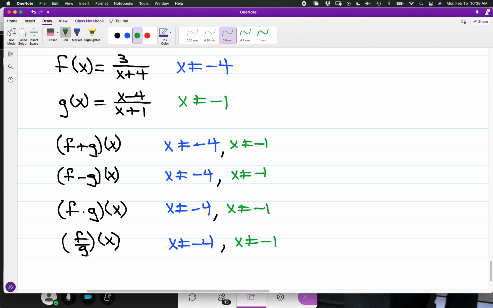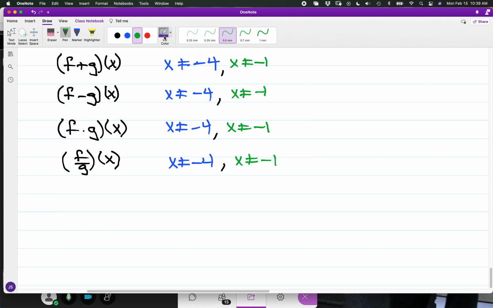Just to see if we do, let's look at f over g of x, so I'm getting the resulting quotient function. I have f of x over g of x, and again, f of x was 3 over x plus 4.